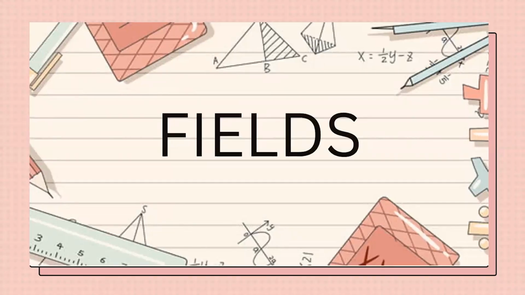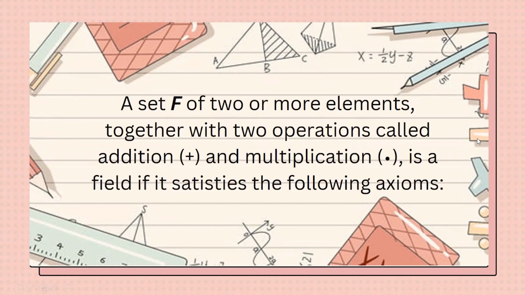We begin with a brief discussion of the algebraic structure of the real number system. In the terminology of abstract algebra, the system of real numbers is a field with respect to addition and multiplication. A field is a set F of two or more elements together with two operations called addition and multiplication that satisfies the following axioms.